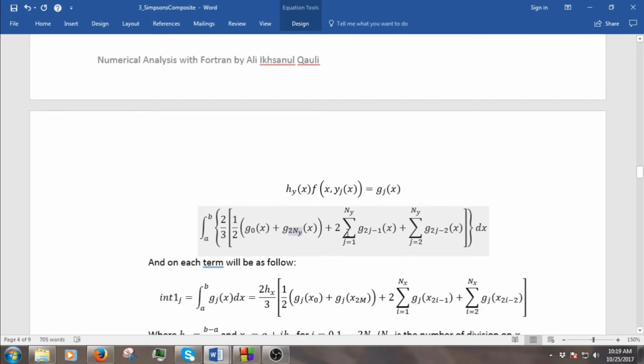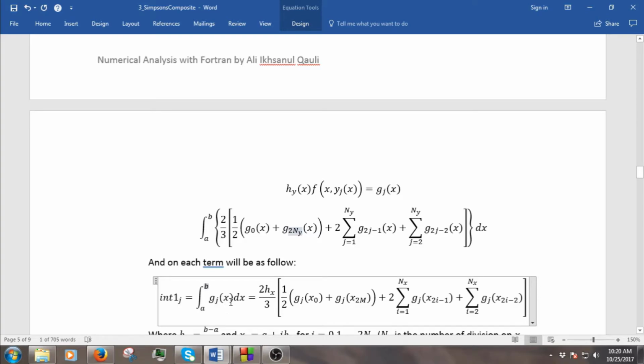Okay, and now how do we integrate every term here? So again, we introduce a simplification. We use integral I_j equal to the integral from a to b. Remember here, a and b are the fixed values, the lower bound and upper bound of the integrals on the x axis.